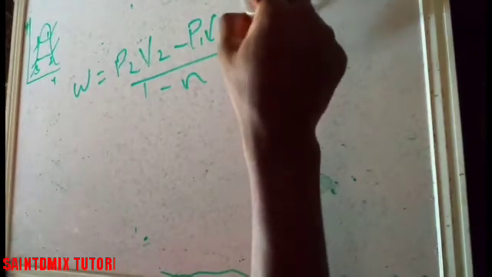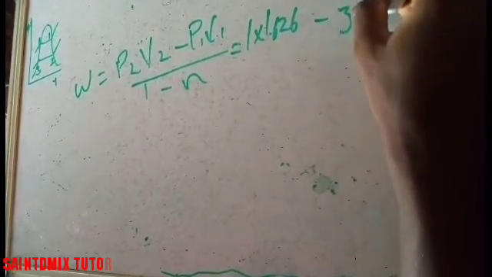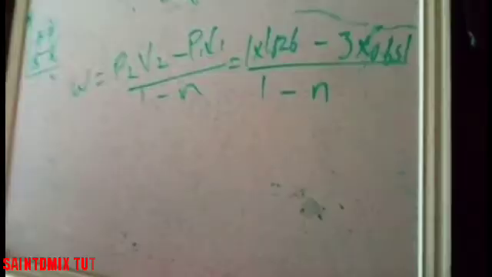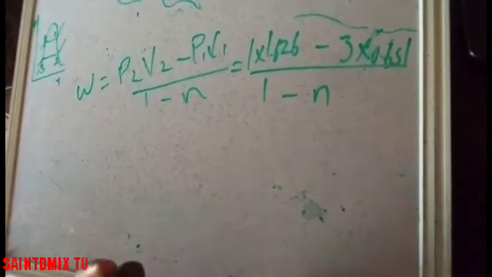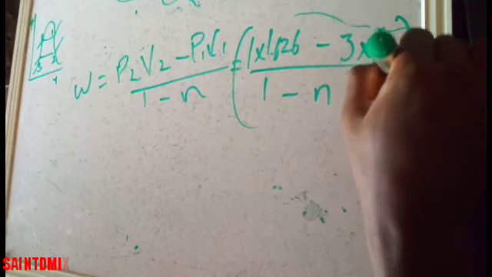So our work becomes work equals P2 V2 minus P1 V1 over 1 minus N. Our P2 becomes 1 times 1.626 minus P1, which is 3, times 0.651, over 1 minus N. After we've calculated, our answer is going to be in kilojoules per kilogram once we apply the unit conversion, multiplying by 10 raised to the power 2.